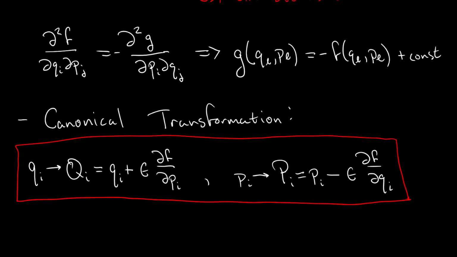It just comes with a separate sign. So this is what we'll define as our canonical transformation. Well, it has to be this in order to keep our Hamiltonian form invariant.